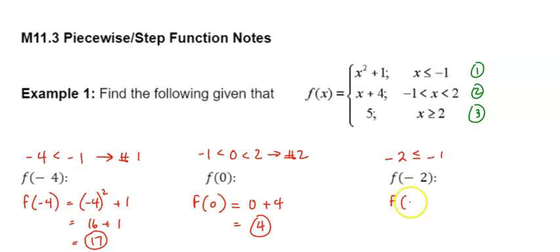So the function evaluated at negative 2 is going to be negative 2 squared plus 1. Again, I'm using that first function because that is the constraint that negative 2 fits into. So this becomes positive 4 plus 1, which gives me a value of 5. So the value of this piecewise function at negative 2 is equal to 5.